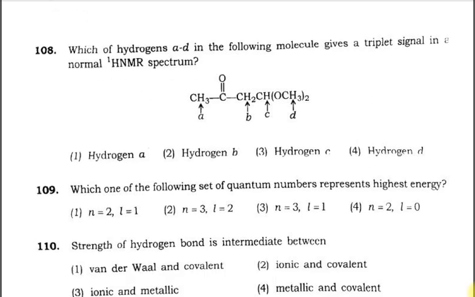Question number 108. Which of the hydrogens A to D in the following molecules gives a triplet signal in a normal 1H NMR spectrum?